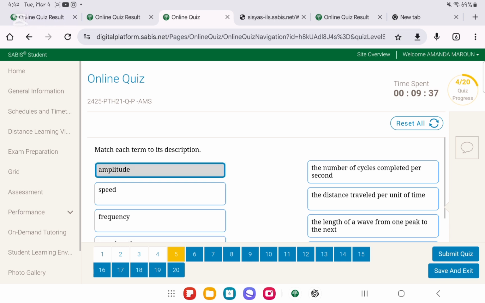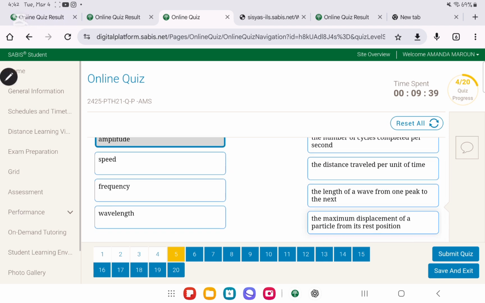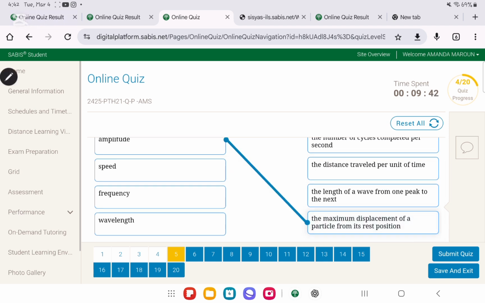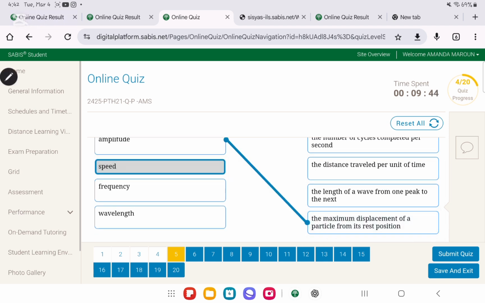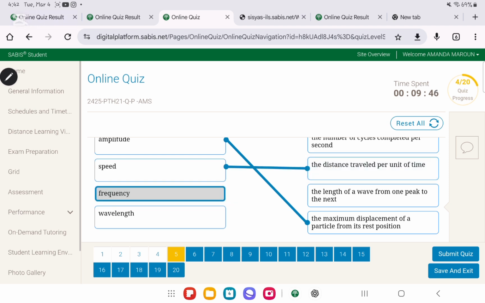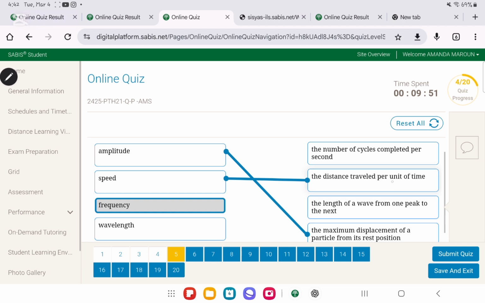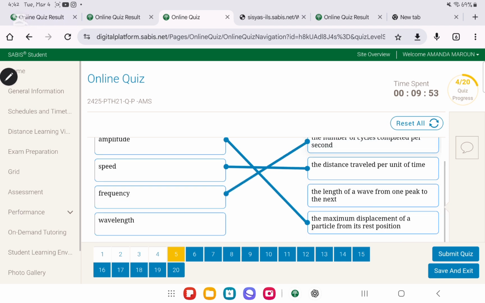So amplitude, as we said before, is the maximum displacement of a particle, or the maximum a particle could move. Speed is distance over time. Frequency is how many waves per second, so the number of cycles or waves completed per second, and the wavelength is very simply the length of a wave.